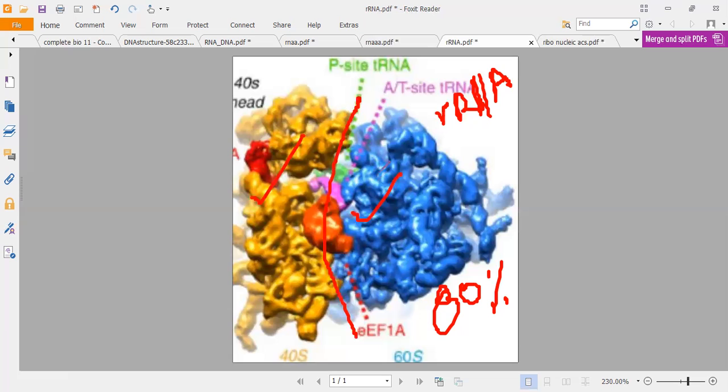This long chain of protein undergoes conformational change and forms a very convoluted, zigzag structure. Later, after protein synthesis, these two subunits disassemble.